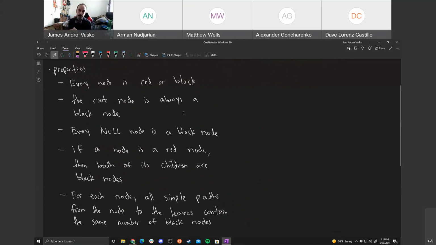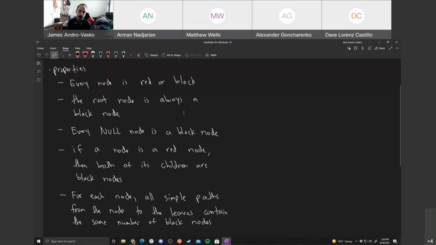At every single node, if you look at just the black nodes, there'll be the same number on both sides at every single level. And that is going to maintain our balance.